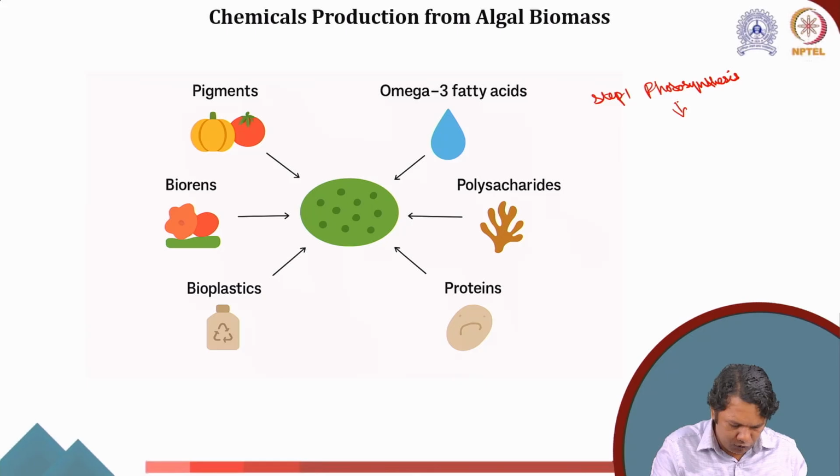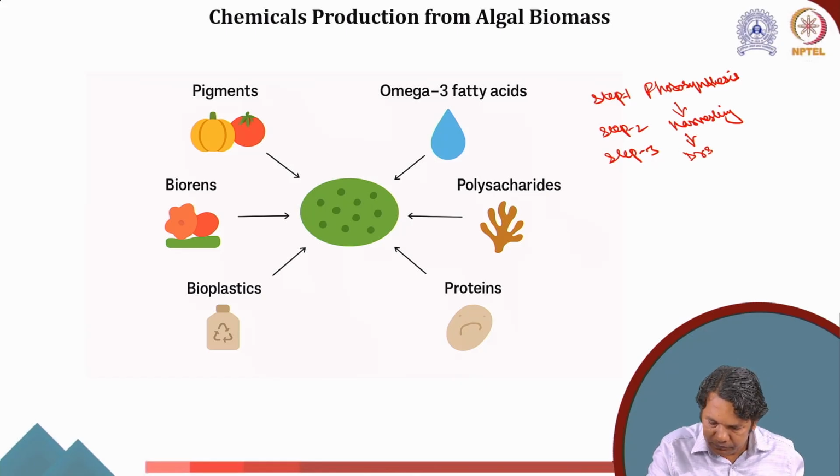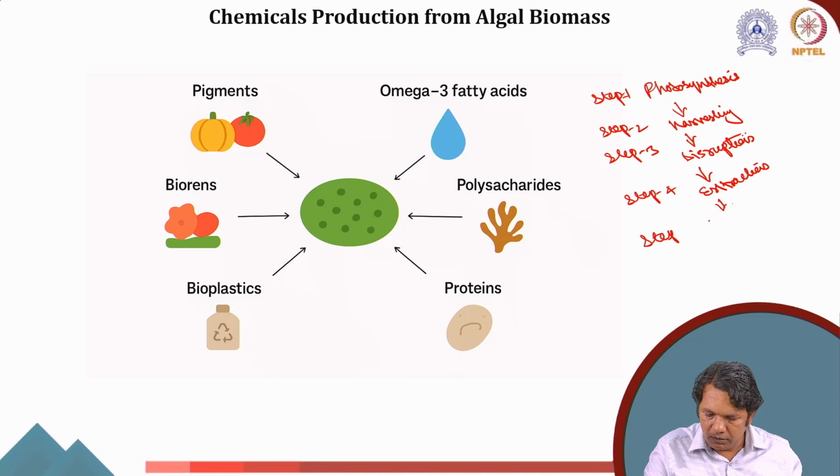Then in step 2 we did harvesting of algae, then step 3 is disruption, then step 4 where we learnt about extraction, and then after this, step 5, we discussed conversion, right?